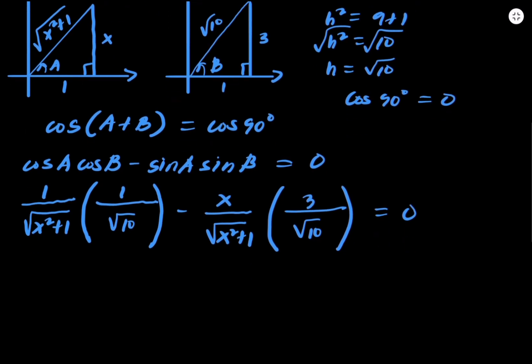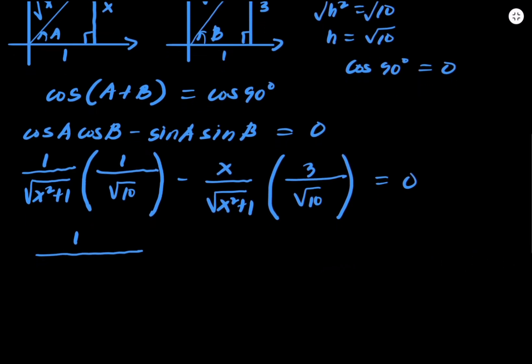Now, let us simplify the left side of the equation. So we have 1 over, okay, if you have square root of a times square root of b, that is square root of a times b, right, from algebra. So we will be using that idea, the rules for radicals.